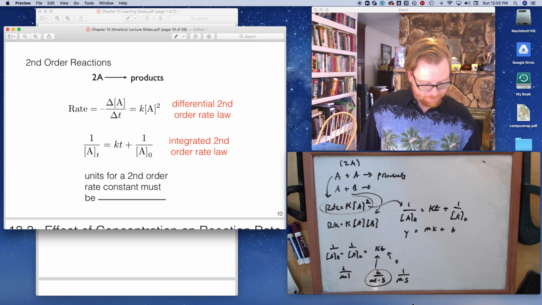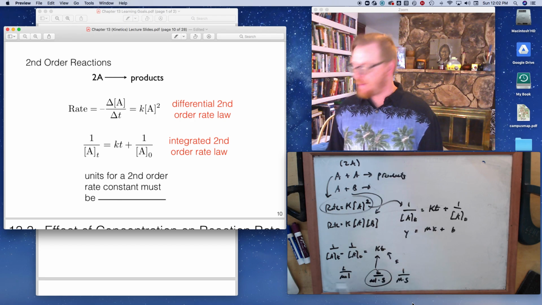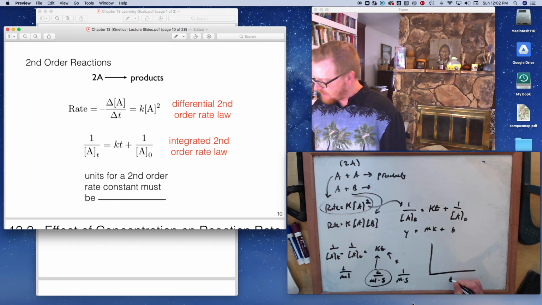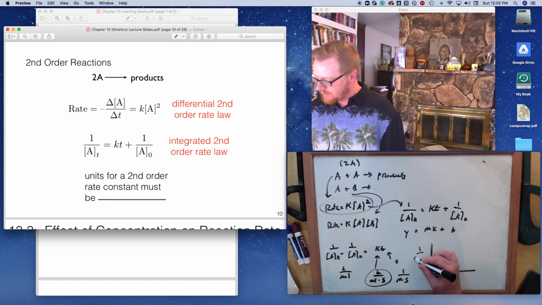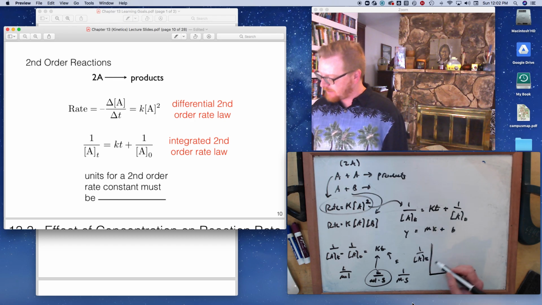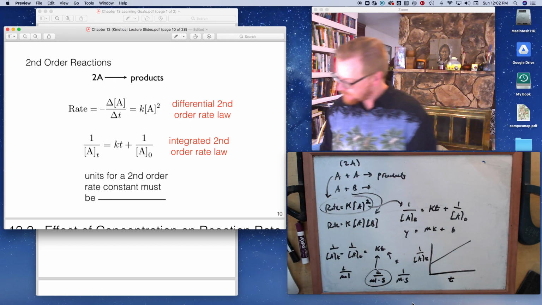Then also, if we look at this line, the way this works out for second order, if I now plot still time on the x-axis, but now 1/concentration, then you can see based on this, I have a positive slope. So my line will look something like that.